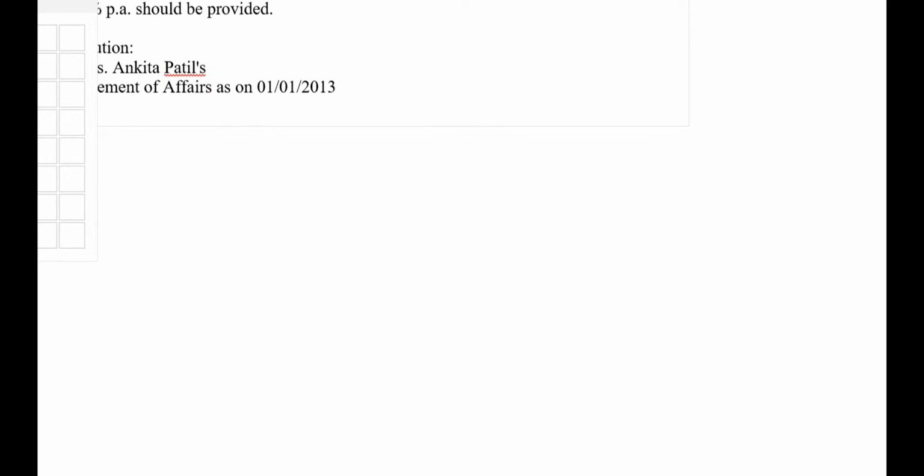So now let us go for preparing the statement of affairs of Miss Ankita Patil as on 1/4/2013. So let me insert the table here.